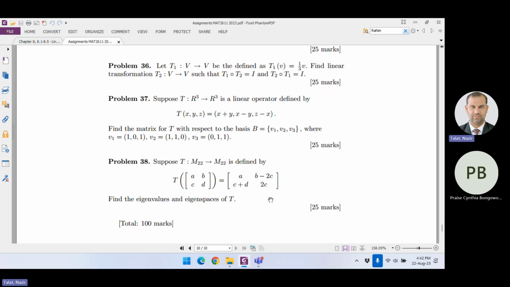This will give you a simple equation, and when you put the values over there, we can find the eigenvalues and then the corresponding eigenvectors. So these are the problems.